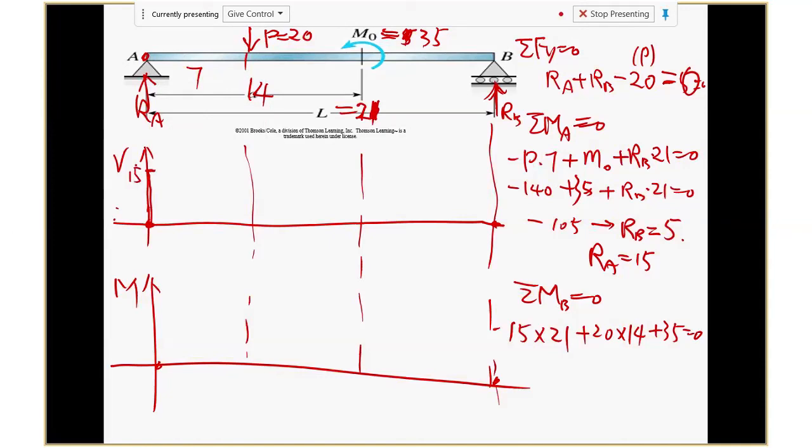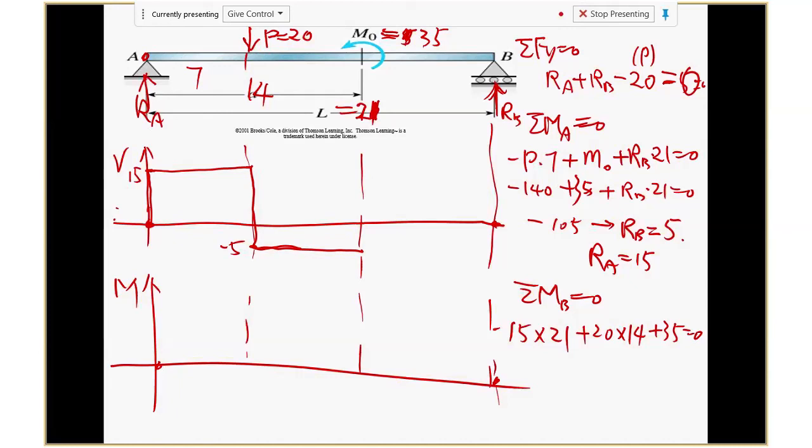Then I see nothing, right? So you just go. Okay, here I see 20. Okay, what's the move? Down 20. Okay, so here will be -5. Okay, now you see nothing. So constant. Oh, I see a moment. Should I jump?